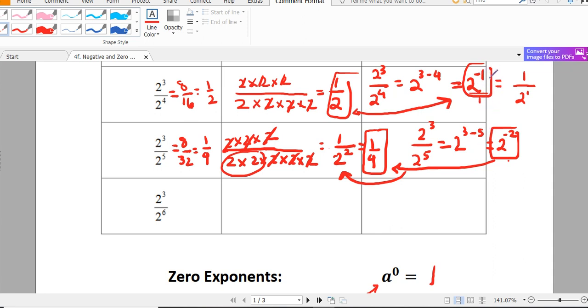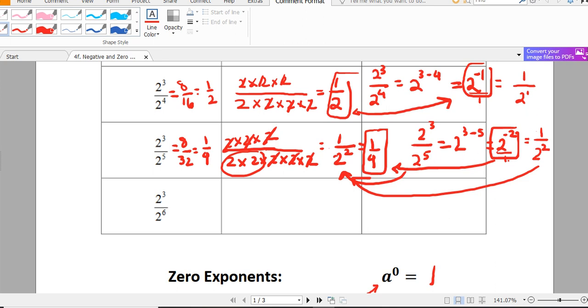This is in the numerator, the negative exponent brings it down. Or it brings it either down or up, depending on where it is. And I'll show you what I mean by that in a second. So in this case, 2 to the exponent of -2, technically this is over 1. This will become 1 over 2 to the exponent of 2, and the exponent becomes positive. Okay? And you can see here, here's proof that it's true.